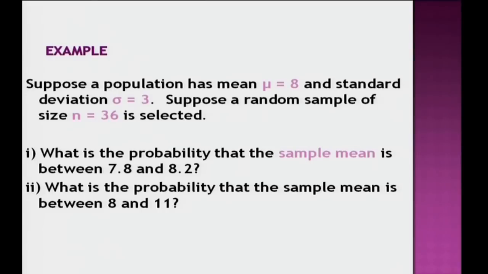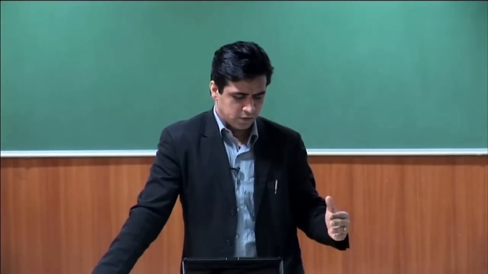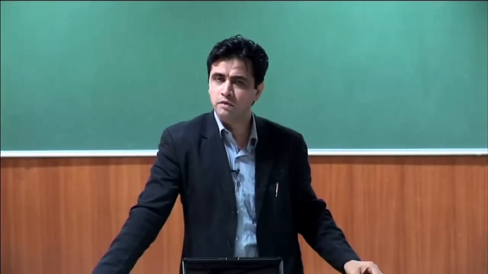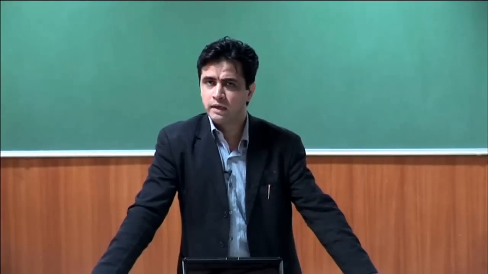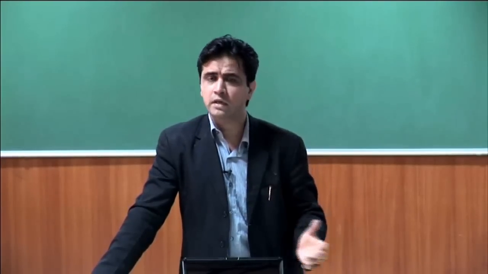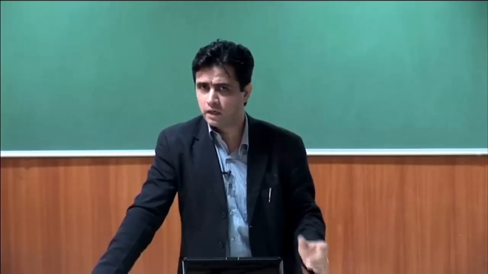Now, this is a similar situation like the normal probability distribution. There we discussed that if a random variable is distributed normally with mu as mean and sigma as the standard deviation, then we can calculate the probabilities between any two random variable values.